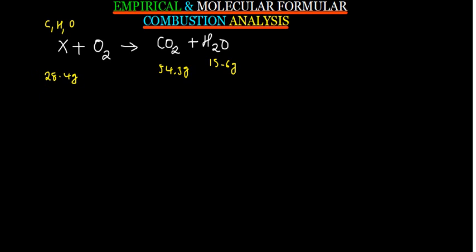Can someone give me the relationship between the moles of carbon and the moles of carbon dioxide? The moles of carbon are equal to the moles of carbon dioxide, right?